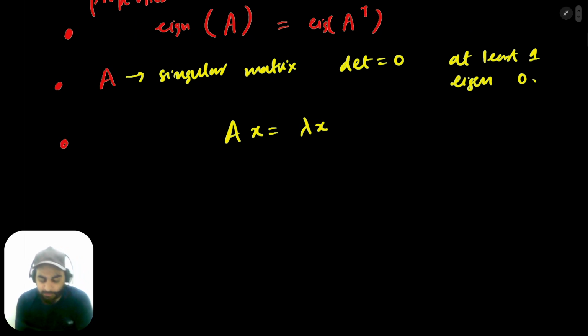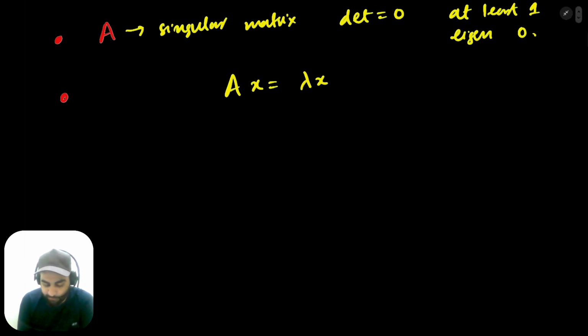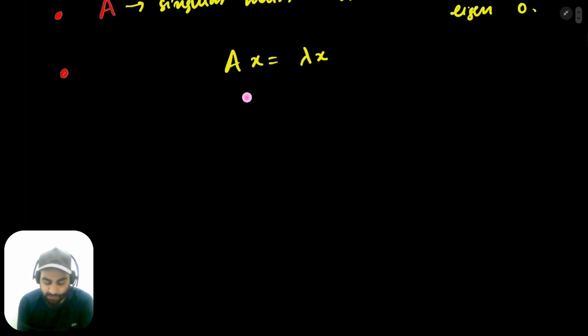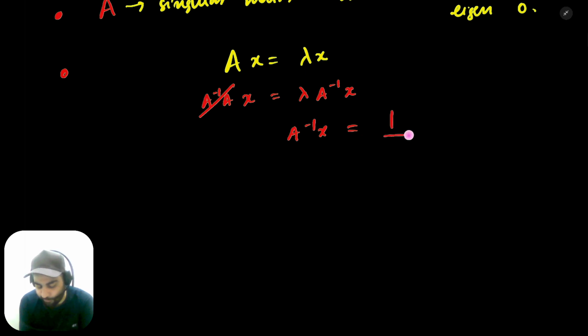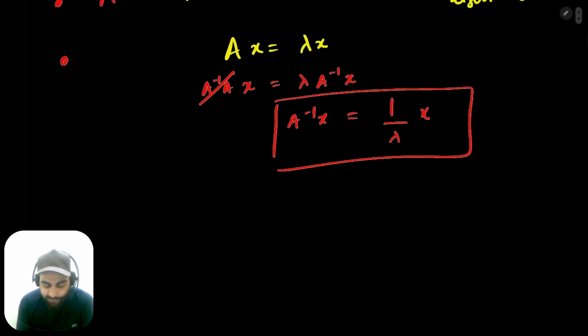If we apply the inverse on both sides, we get A inverse A x is equal to lambda A inverse x. Because A inverse A is equal to identity, A inverse of x basically will be equal to 1 by lambda x. So here you see that the eigenvectors remain the same, but the eigenvalues got reciprocaled.